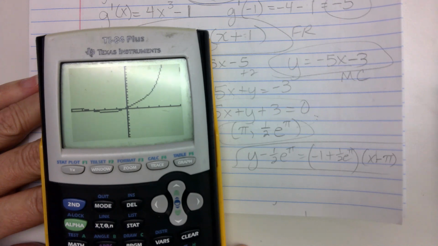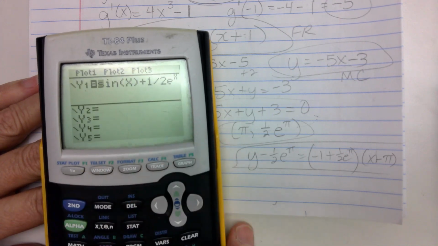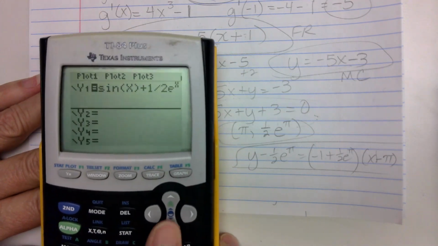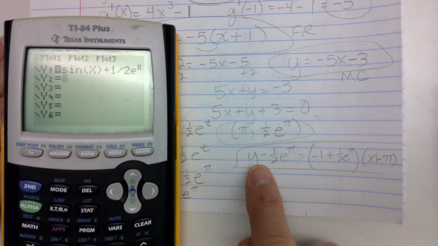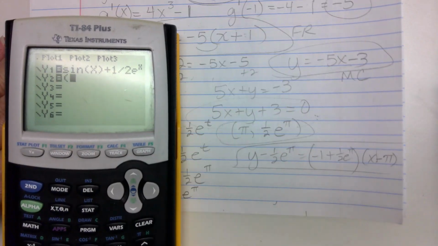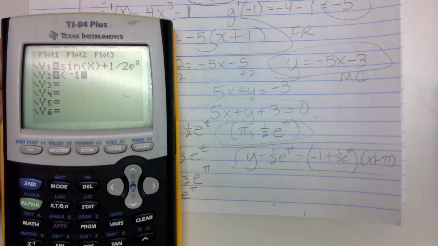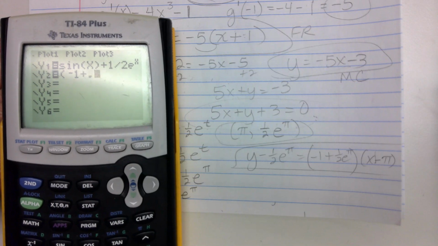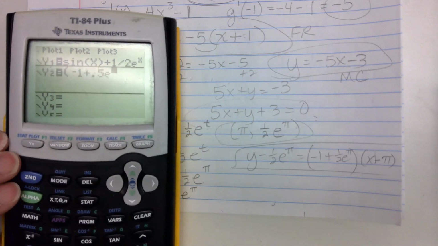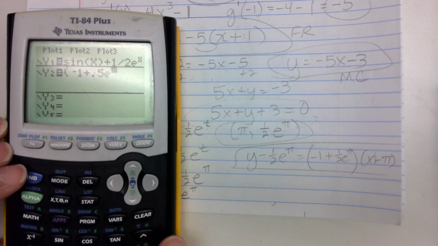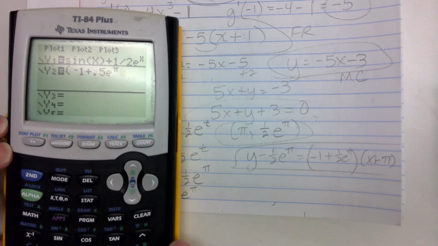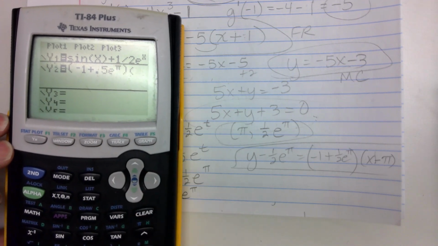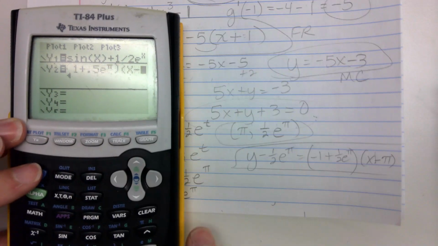All right. So if we put in our equation for the tangent line, I'm going to put the whole right side in, -1 plus 1/2 e to the pi, times x minus pi.